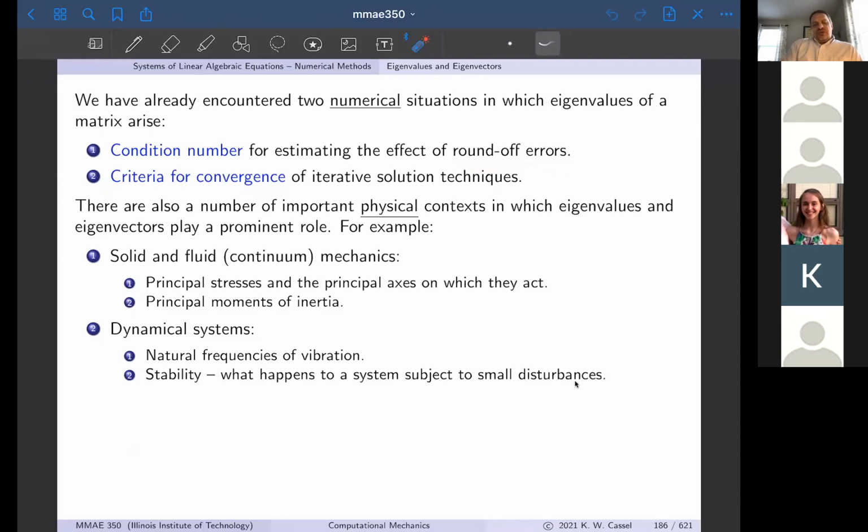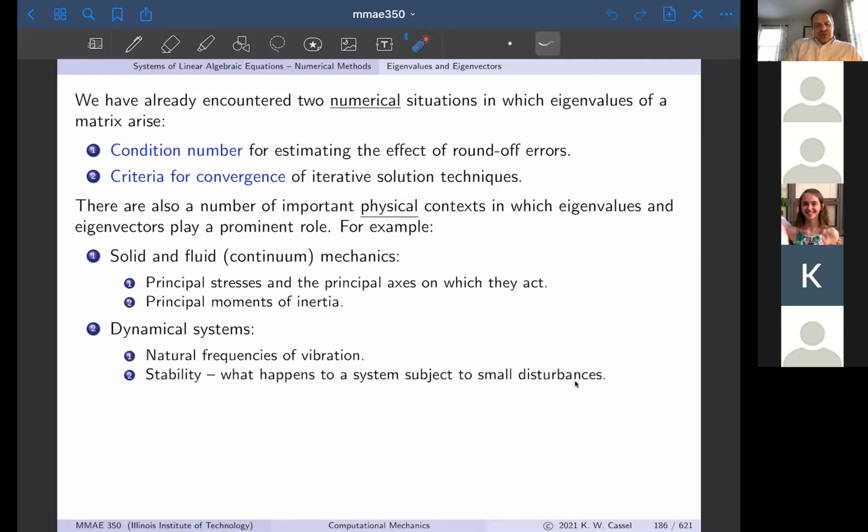Now, more interestingly to us, there are also a lot of physical contexts in which eigenvalues as well as eigenvectors play a prominent role. I want to discuss those a little bit today to make it clear why we care about eigenvalue, eigenvector problems. It's not just because mathematicians love them, although they do. It's also because we as engineers run into these all the time.